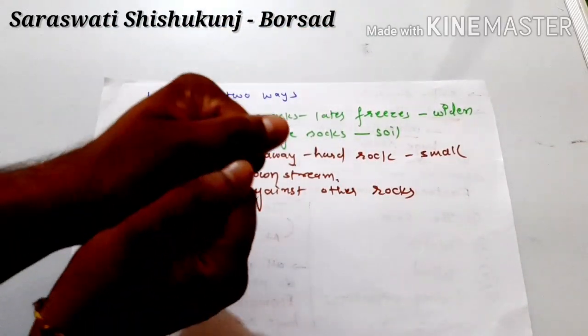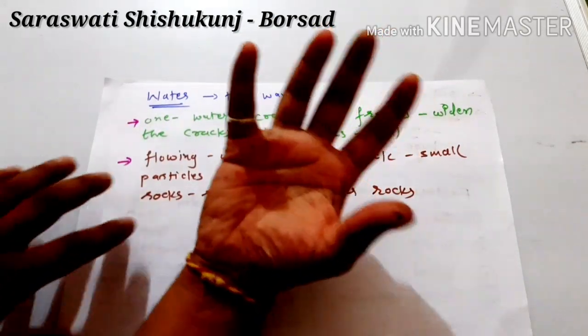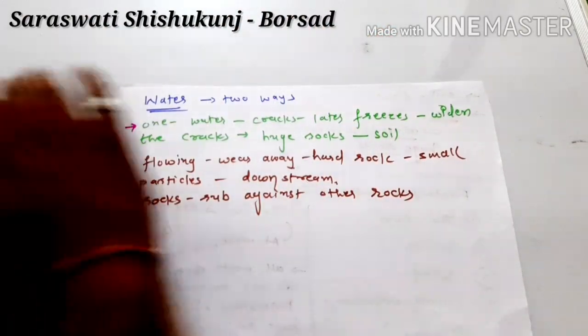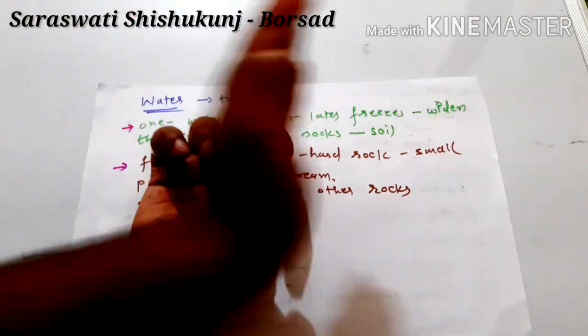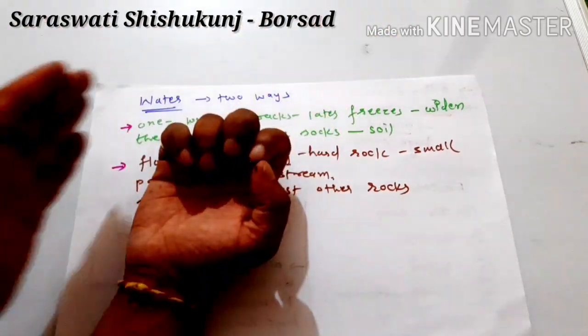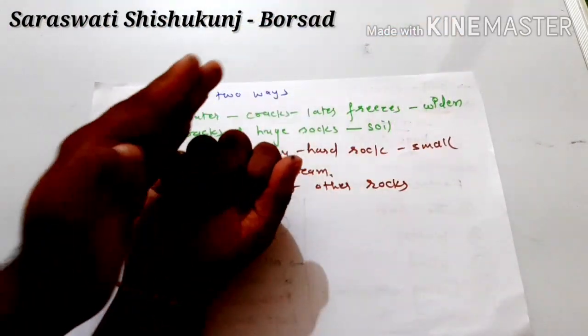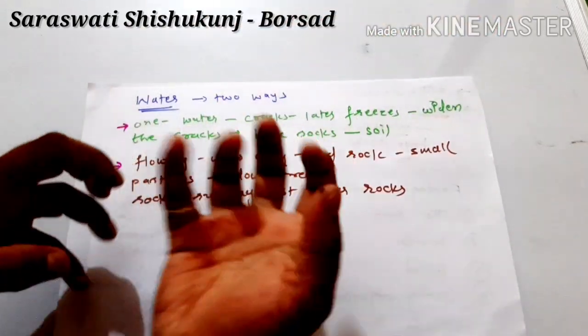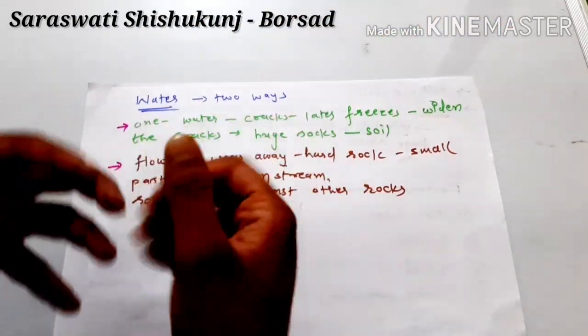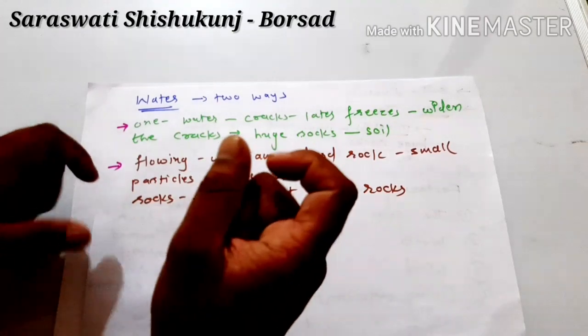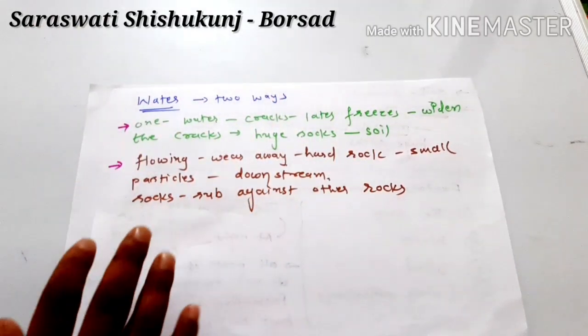If we think of it like this, downstream we have a rock, and with the flow of water, other particles of rock rub against the rock kept there, so it will convert it into small particles.